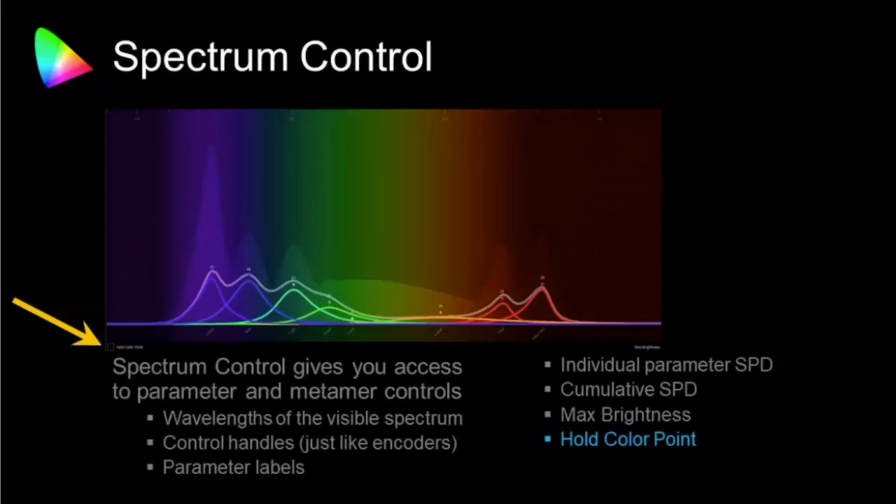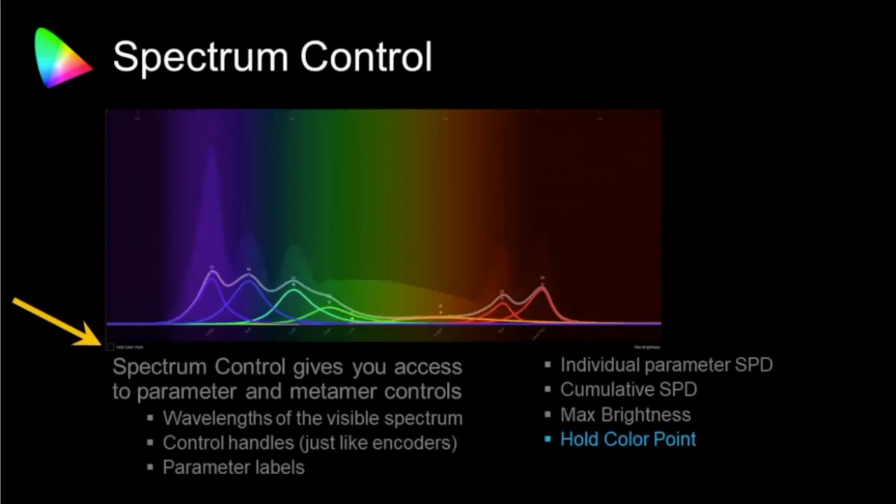So similar to our 3 metamers that we can pick in the gel picker, as you drag these individual parameters up and down, you'll see the other parameters auto adjust to hold that chromaticity. So this is a really good way to do customized metamers that may not be one of the 3 that you like.